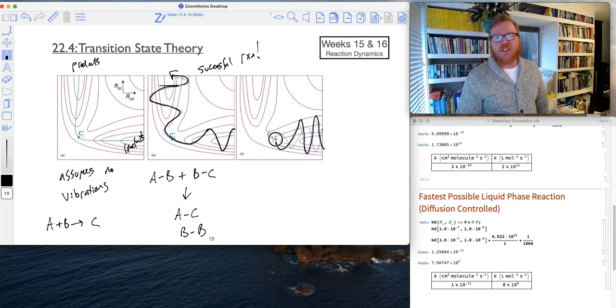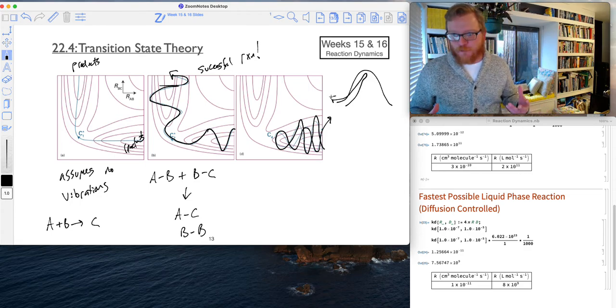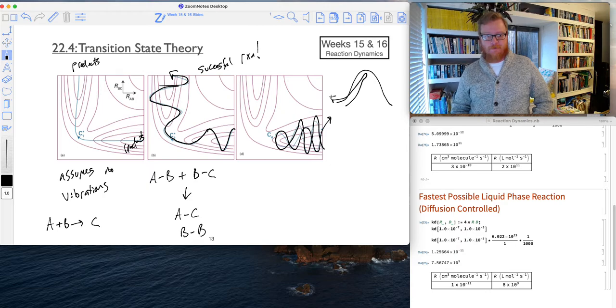Then it might just get kicked right back out of the transition state and go back down the hill, okay? So that would be like if we're looking at this, it makes it up here, but then it kicks right back down, okay? So these things have got to be vibrating in concert, if you will, to make it out through the transition state, okay?